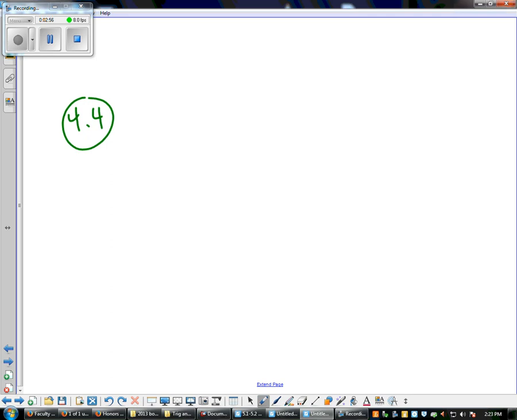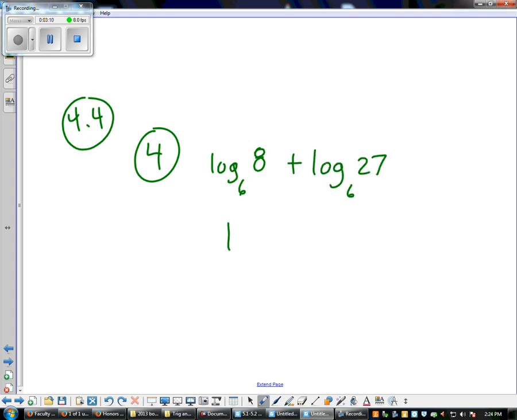For example, let's do number 4 together. For number 4, it's log to the base 6 of 8 plus log to the base 6 of 27. And I want you to write down how you would write this with just one logarithm. It says express as a single logarithm.